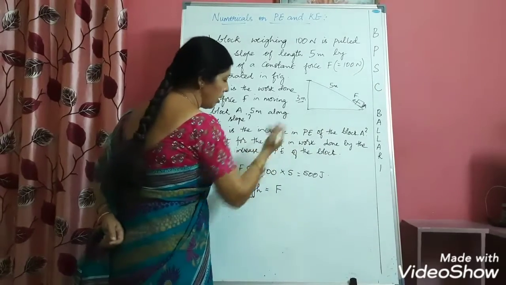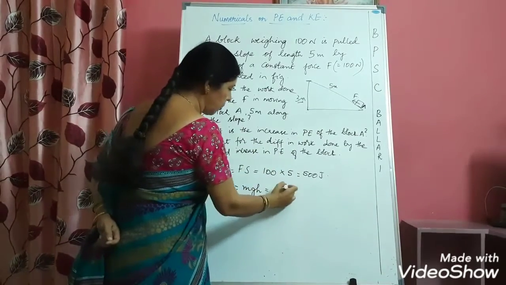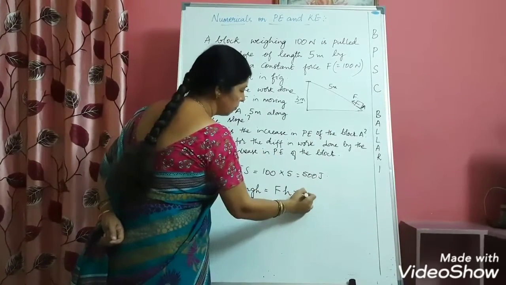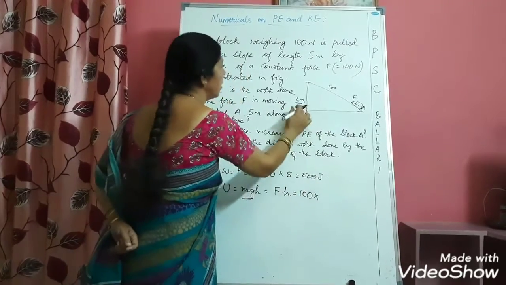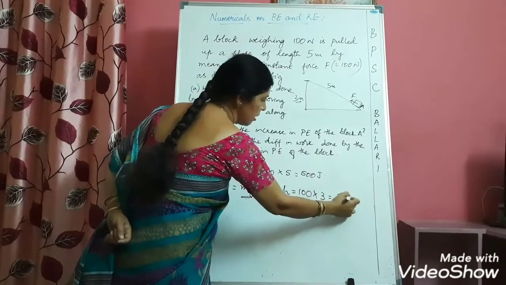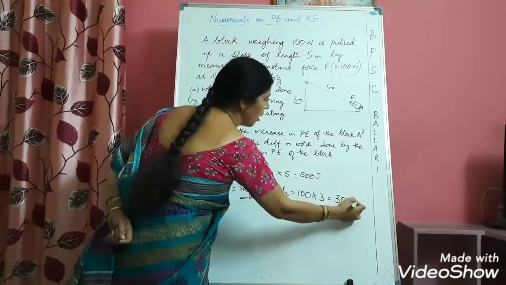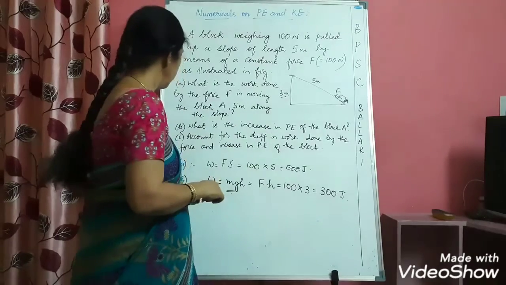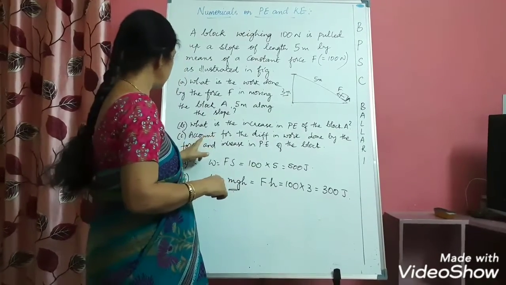I will directly take F into h. Now what is F for us? It is 100 Newton. H is how much? The vertical height will be 3 meters. So what is the increase in potential energy of the block A? It is 300 joules.